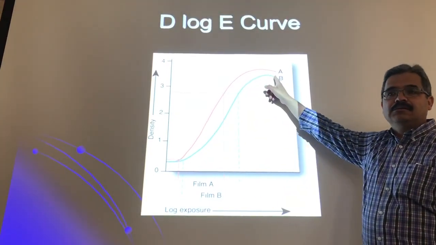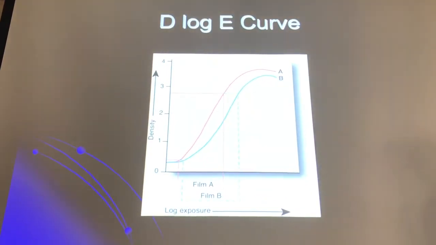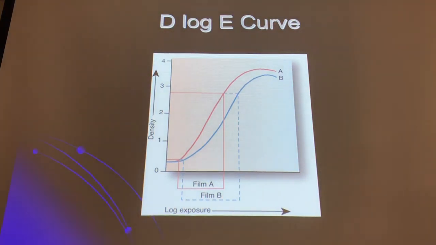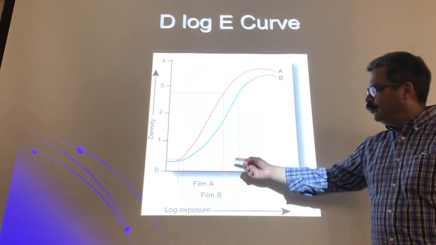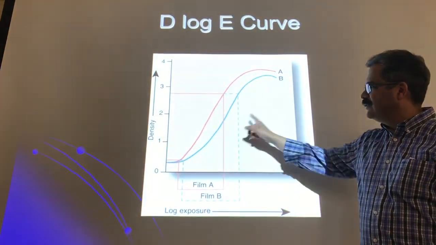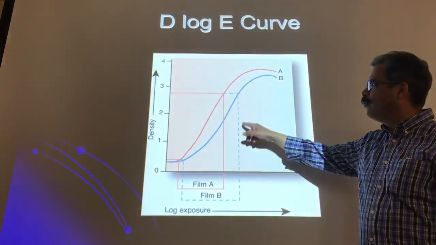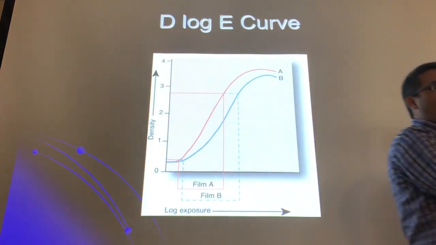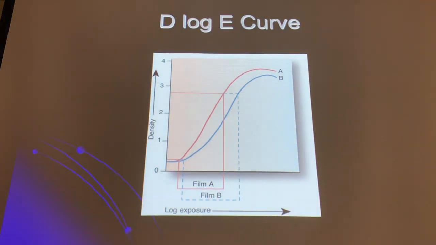Now, let me ask you this. Between A and B, which of these two images will show more shades of gray? B will show more shades of gray. Do you agree with that? I do. And when we say more shades of gray, are we saying high contrast or low contrast?